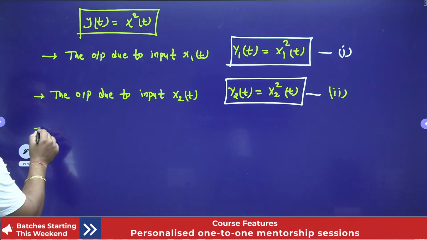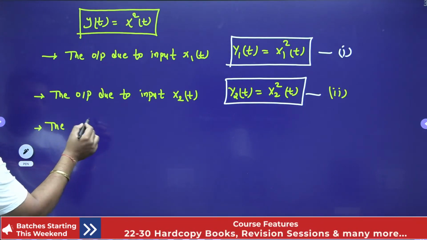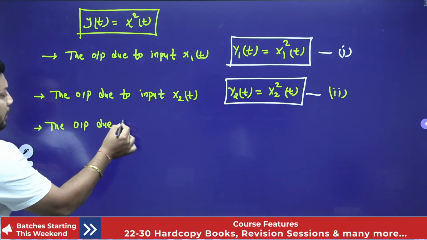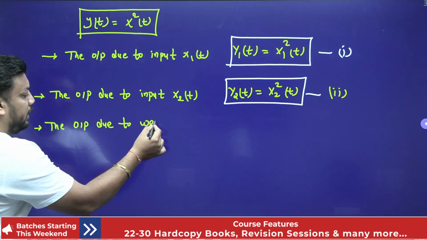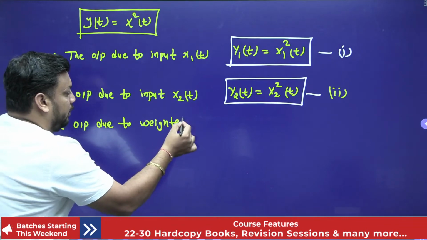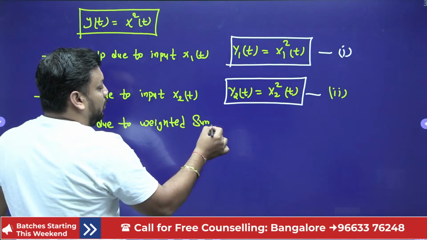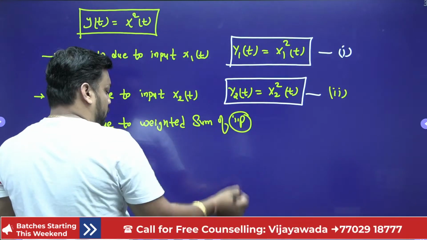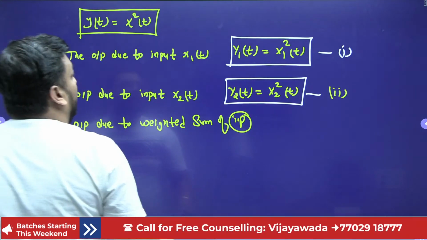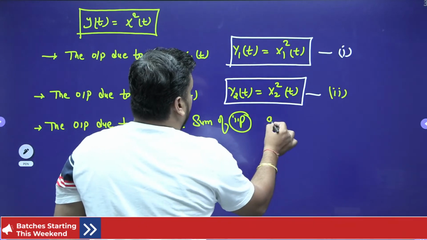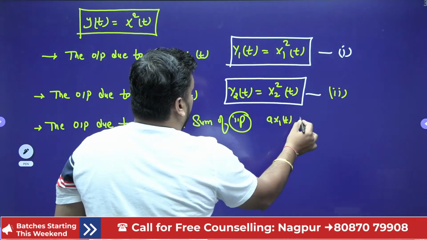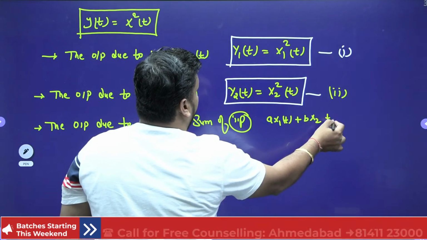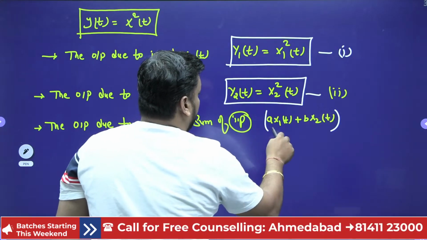Now step number 3 is important: the output due to the weighted sum of input. The input is a x1(t) plus b x2(t). This is the weighted sum of input.